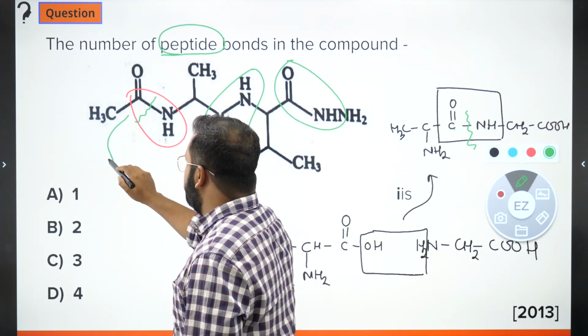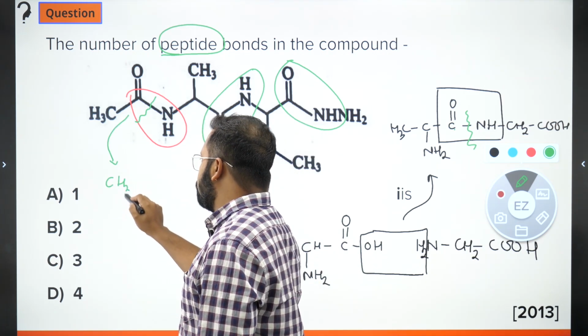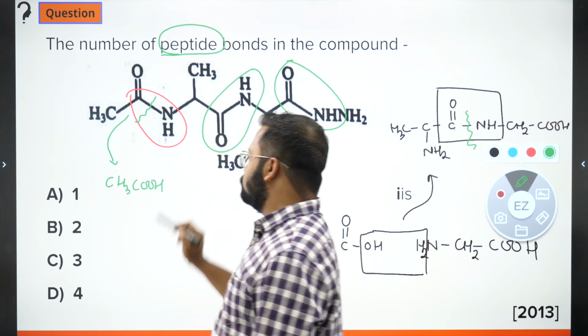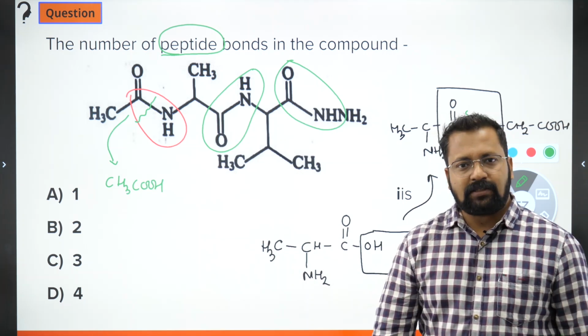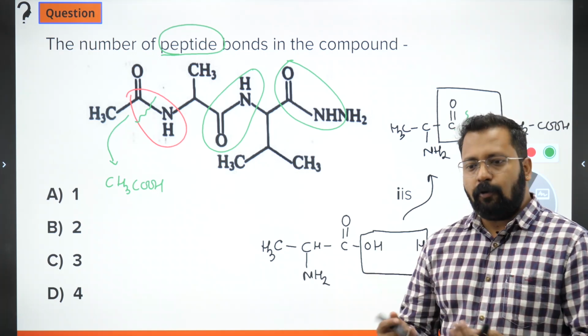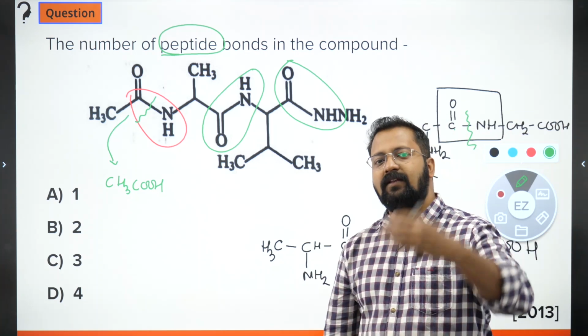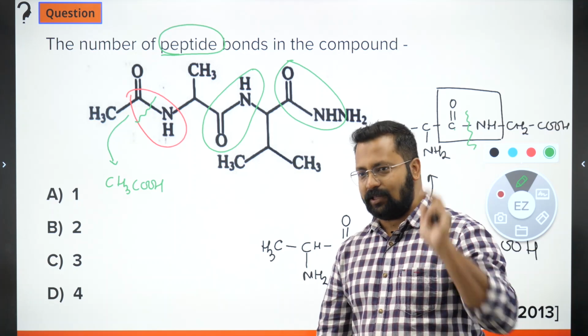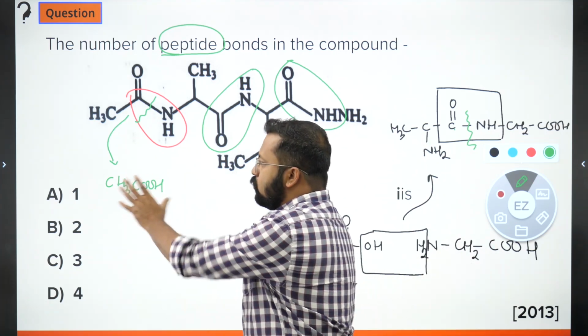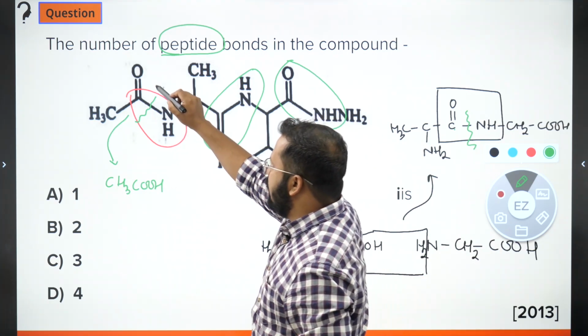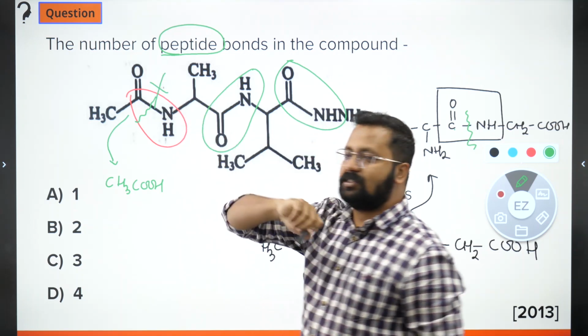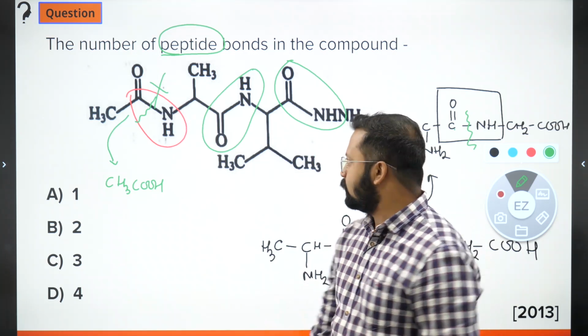This part will become CH3COOH. Are we getting an amino acid? What is an amino acid? A carboxylic acid in which at the alpha position there is a NH2. So are we getting an amino acid? No. So this amide linkage will not be considered as a peptide linkage.